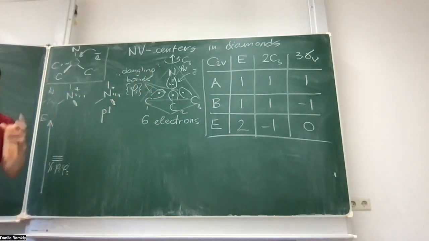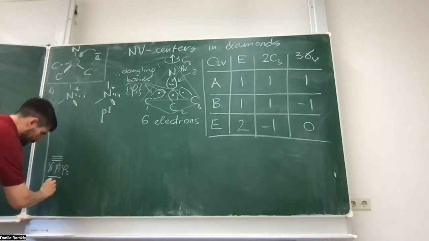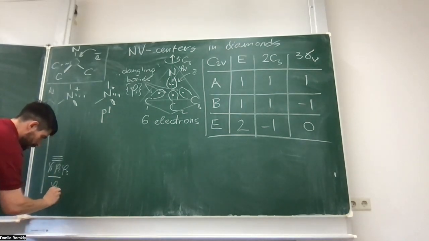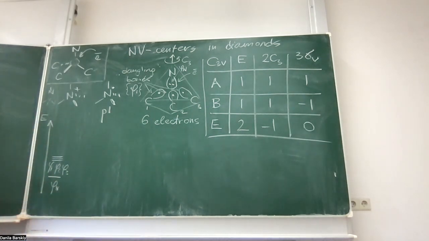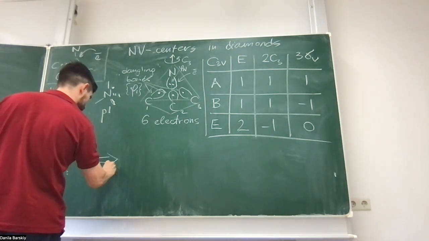Nitrogen itself has a larger nuclear positive charge, which attracts electrons a little stronger. So probably it's reasonable to assume the nitrogen orbital by itself lies a little lower in energy. But it's not even that important actually how they lie before. And what we're going to do in the whole exercise.